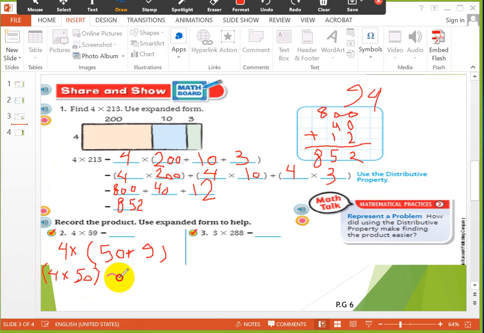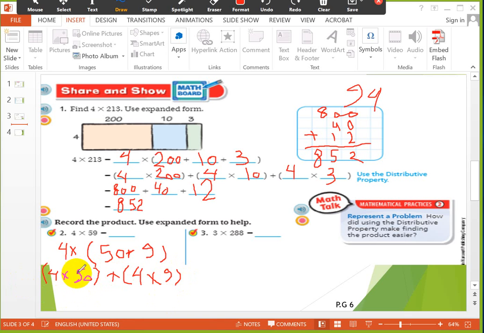Okay, plus I will multiply the 4 with 9. Okay? Yes, 4 multiply 50 equals what?